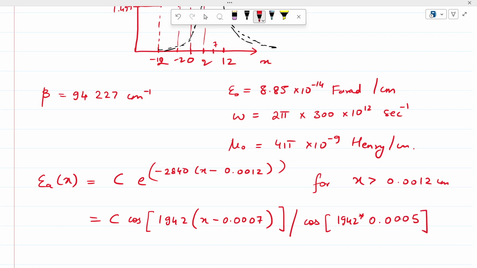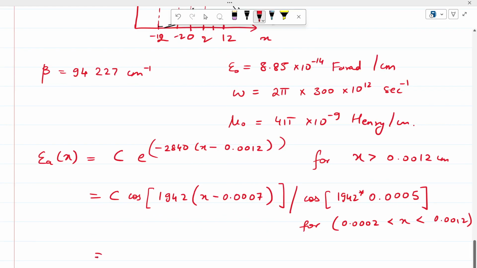So this is the height, and this is kappa. Okay, everything is in centimeters.